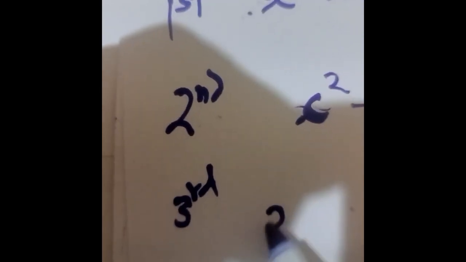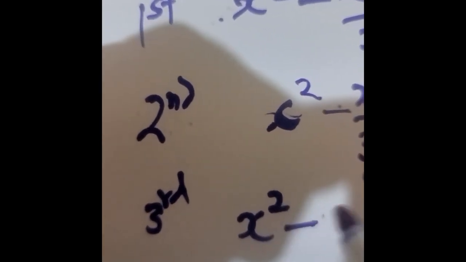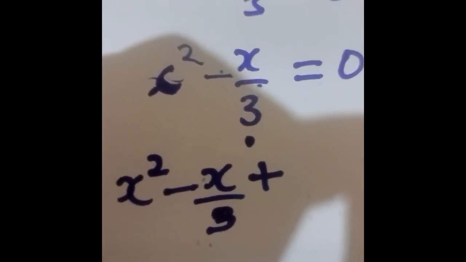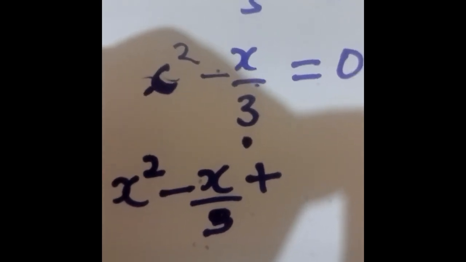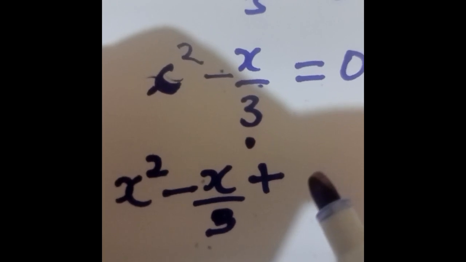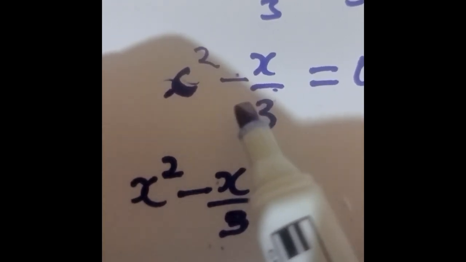Now we'll have our x squared minus x over 3, and then plus, when we complete the square, the last term will always be squared, so it has always to be a plus. Now what we do, we take half the coefficient of the middle term here.